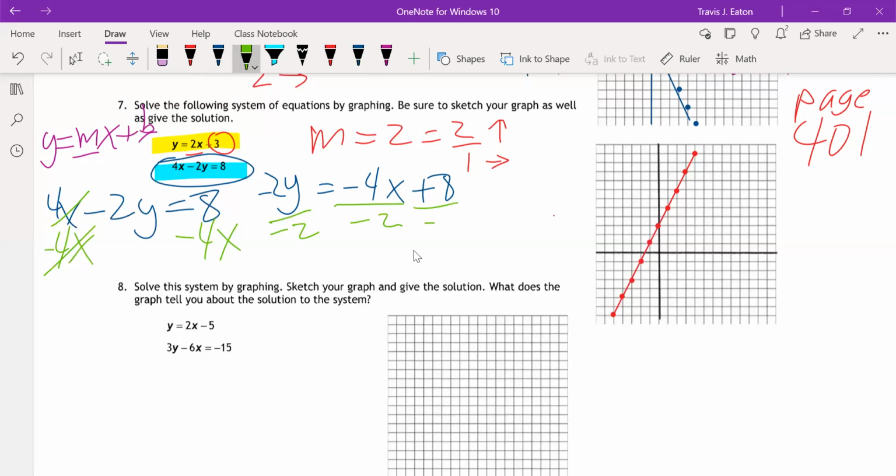So when I do that, I end up with y equals negative 4 divided by negative 2 is positive 2, because a negative divided by a negative is a positive. And positive 8 divided by negative 2 is negative 4.